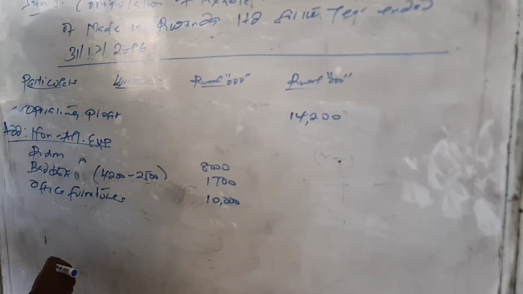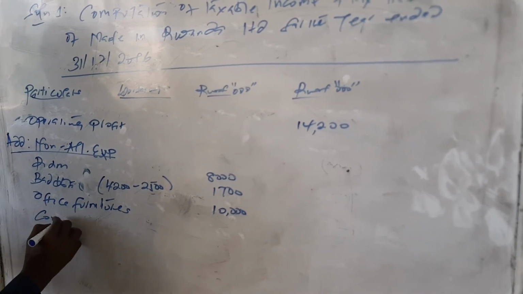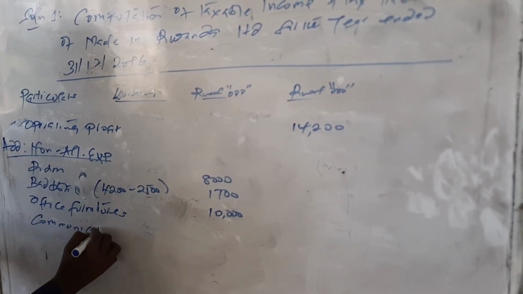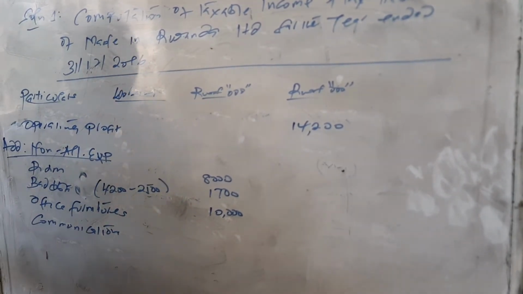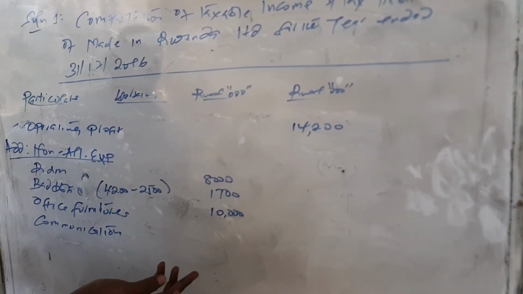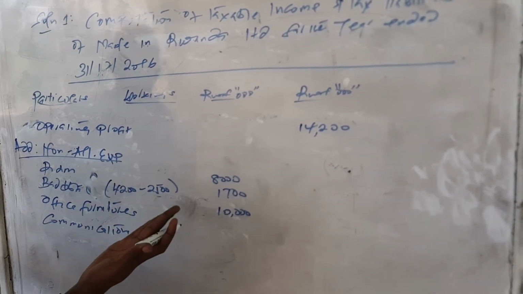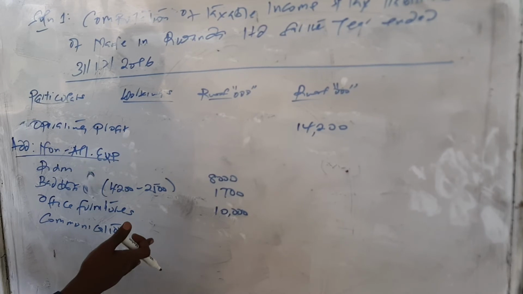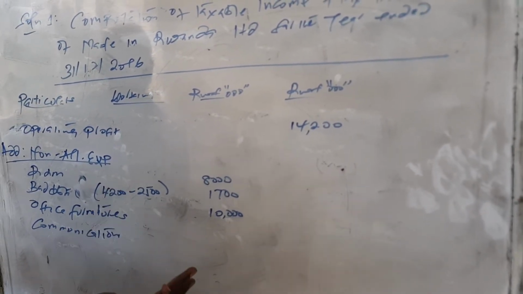10 million. I have the communication, the non-allowable, because the company couldn't separate the communication that was used for private use from the communication that was used for business use.